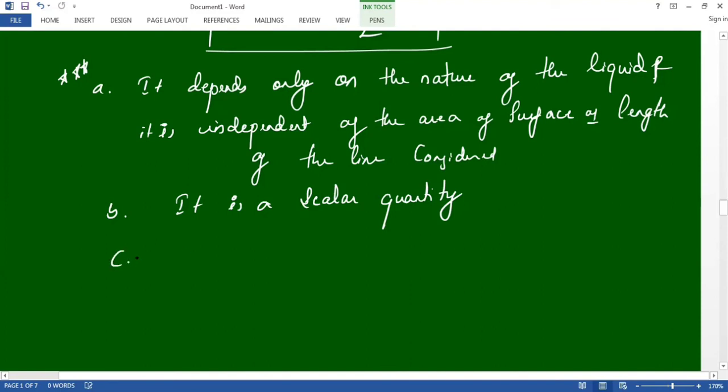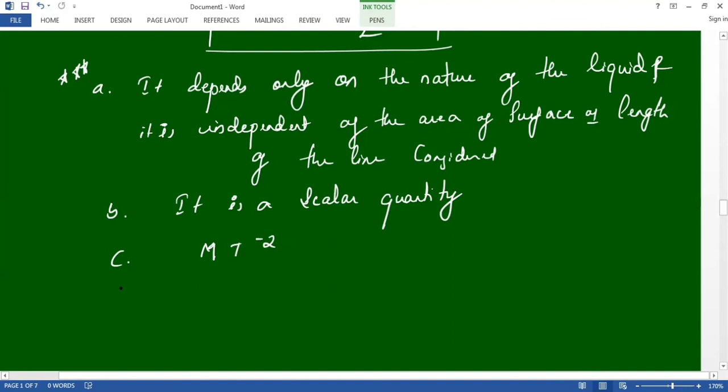Next one is the dimension. The dimension is M L to the power minus 2. Sorry, not L, M T to the power minus 2. This is a dimension which is similar to force, right?